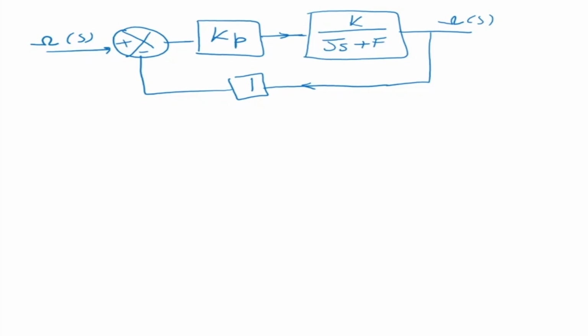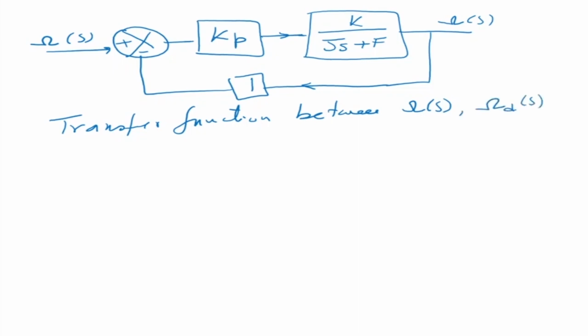Now the closed loop transfer function between omega s and omega ds, I need to find the transfer function. What is this equal to?